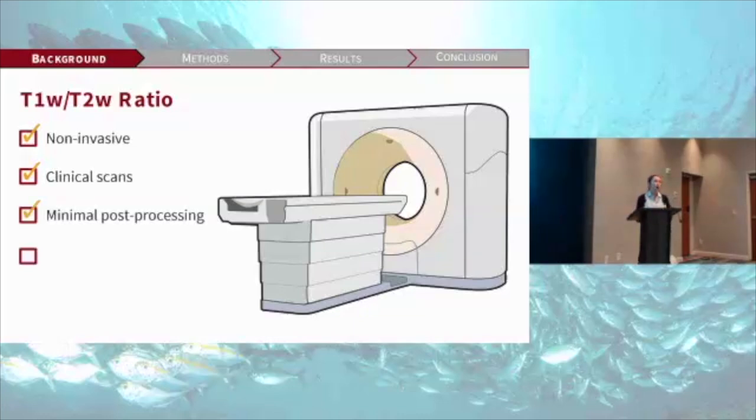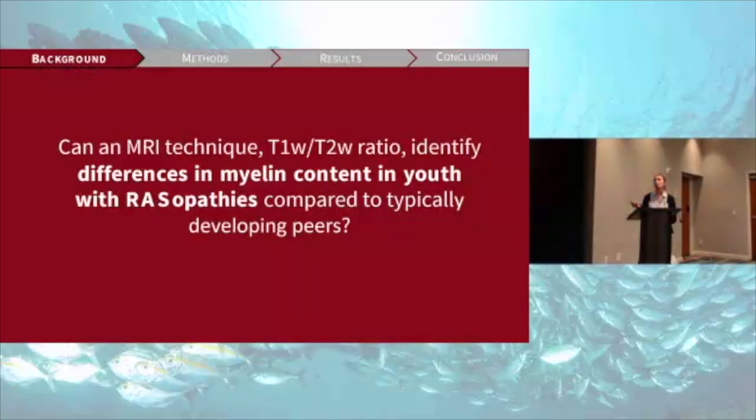There's minimal post-processing required, which I really like as a data analyst. And previous research also shows that the T1-T2 ratio captures established patterns of brain myelination in other populations, and so potentially could serve as a proxy for myelin content in RASopathies as well.